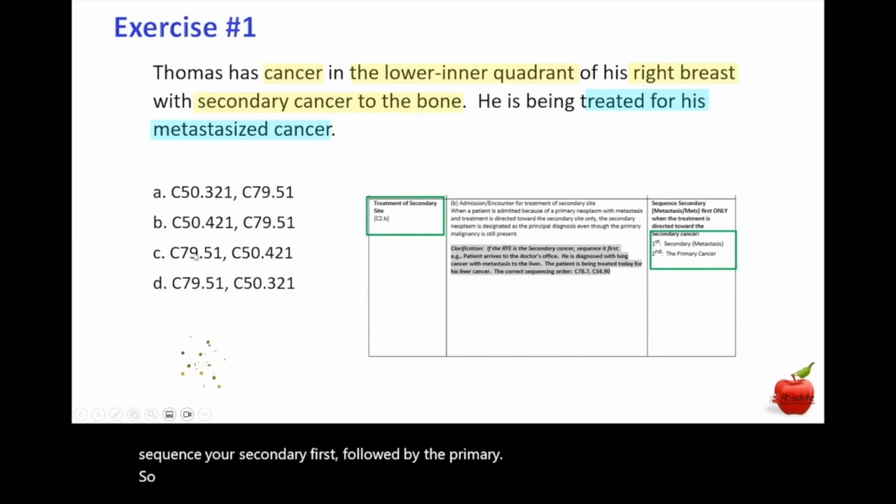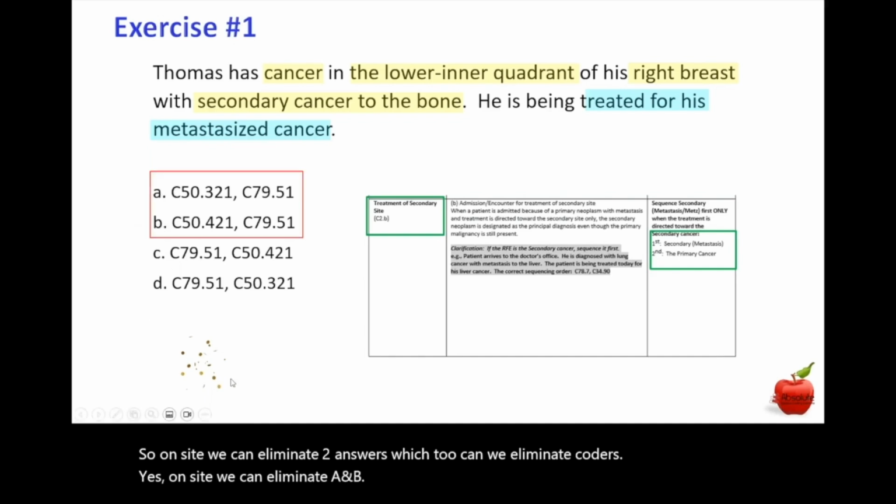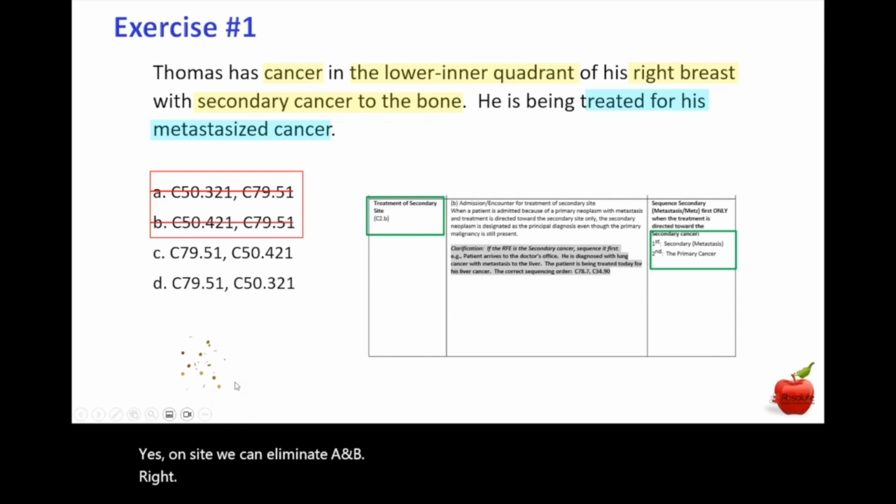So on sight, we can eliminate 2 answers. Which 2 can we eliminate, coders? Yes, on sight, we can eliminate A and B. How can we eliminate those, Mrs. J?